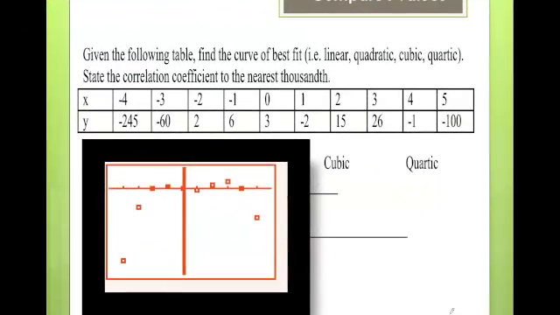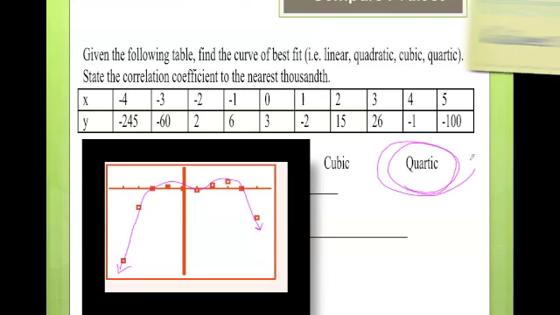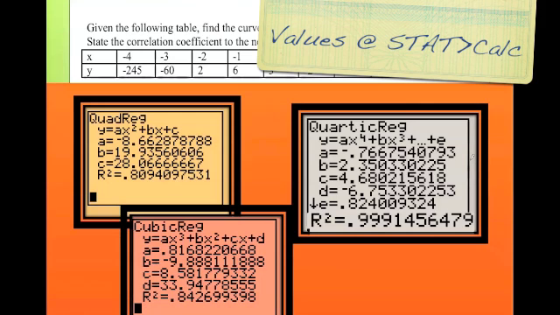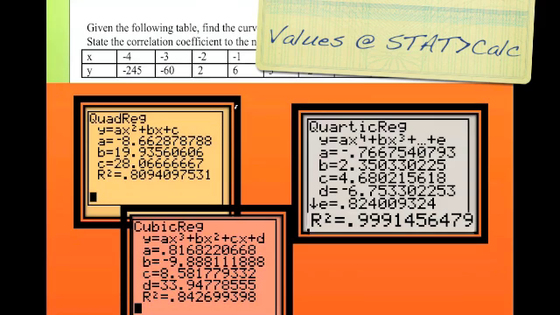When I put the data in, this is the graph that I got. I noticed right away that this is not a linear equation, and in fact to me, I haven't looked at my values yet, but it looks like it's probably going to be a quartic. When I compare my values, I get an r squared, and all of them give r squared, so I'm going to compare that.